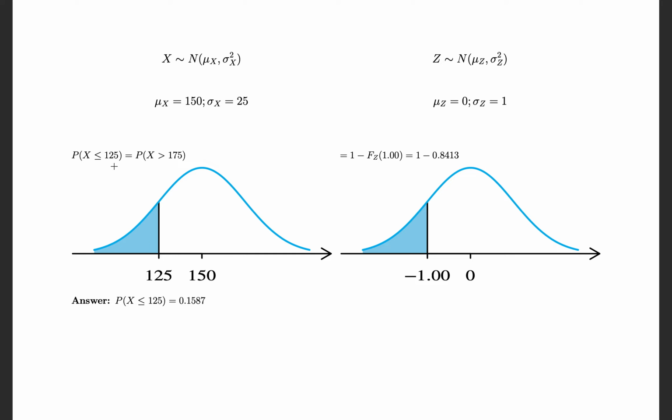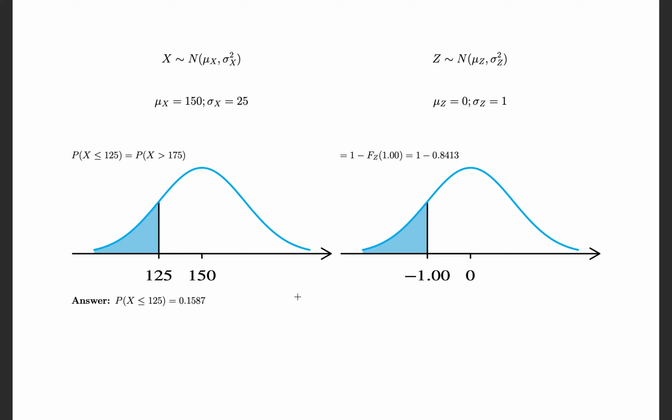So we get the same answer as in the last question. The probability that x is less than or equal to 125 is also 0.1587 because the distribution is symmetric, so it is the same size on both sides of the mean.